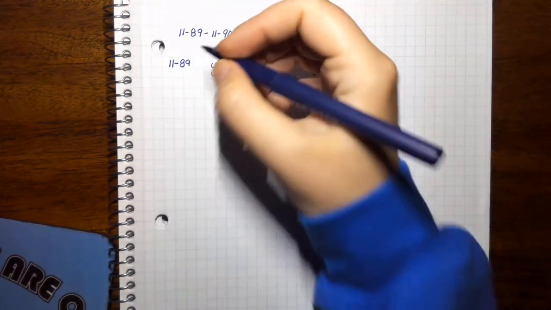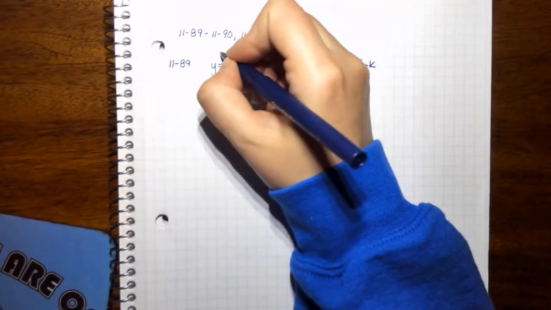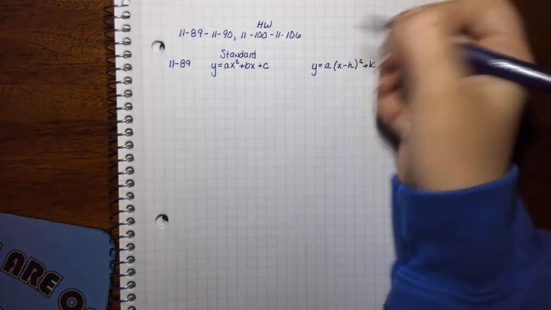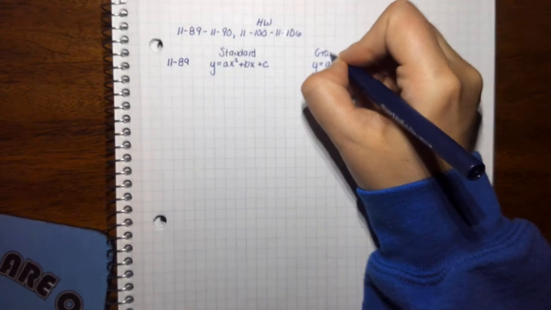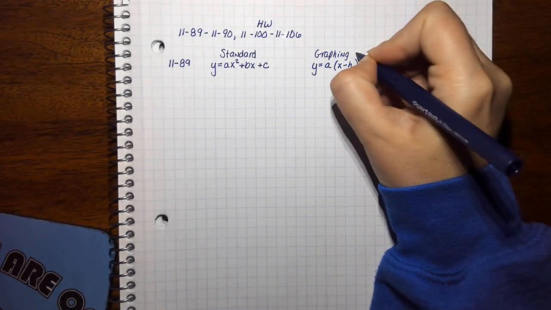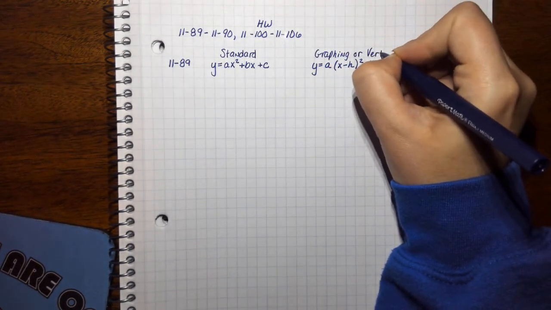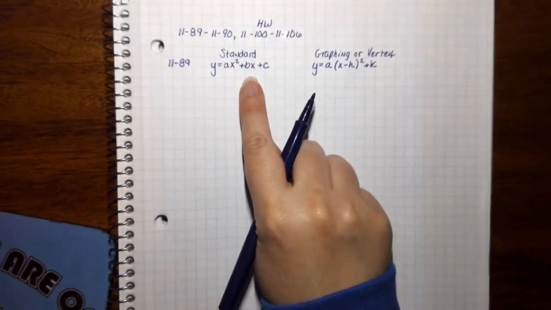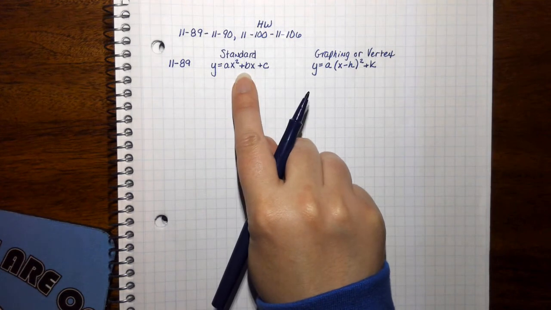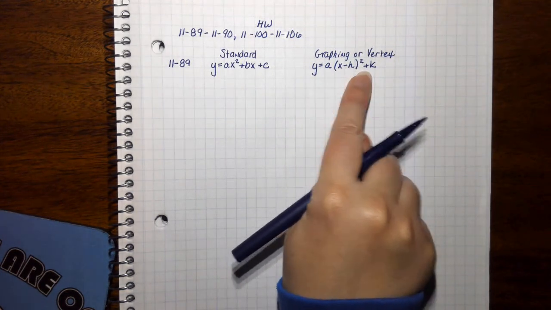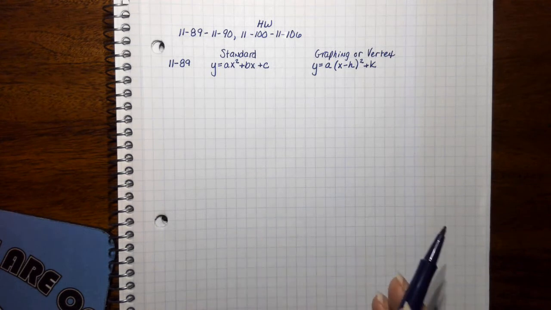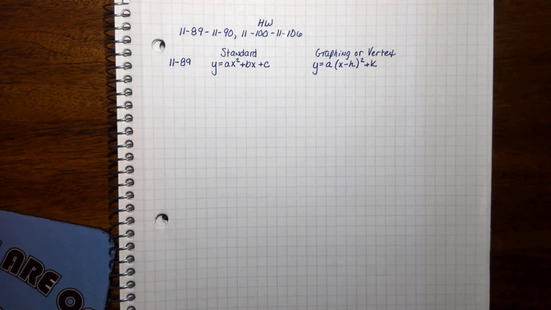Okay, so this form we call standard, and this form we call graphing or vertex form. And if you guys remember, we needed to complete the square on this side of the equation to go back and forth, and we did that in Math 2 in the beginning of this year, but that's not what we're here for.